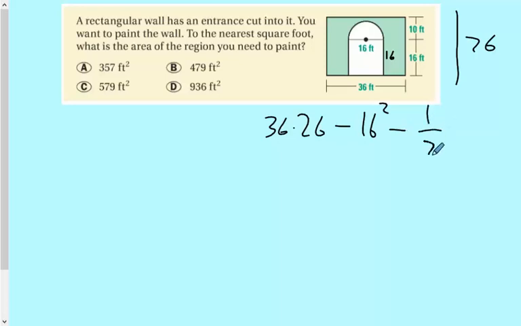So half of pi r squared, but r is interesting. Oh, r is not 10. The diameter is 16, so r is 8. Kind of tricky there. That's going to give you the area that you're looking to paint. So we have the area of the rectangle, the area of the square, and the area of a semicircle.